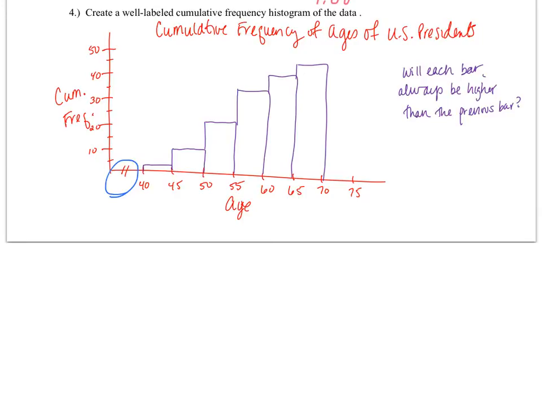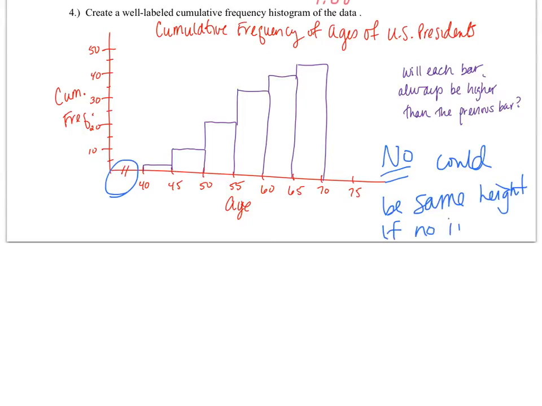Each bar will be at least as tall, but not always higher. So the answer to that question is no. They could be the same height if there was no increase. However, we will never see the bars decrease in height when it is a cumulative frequency histogram.